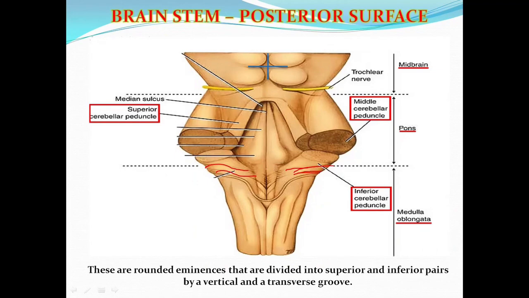Here, as usual, we have the posterior median sulcus. Here we have a nucleus and a triangle called the hypoglossal nucleus or hypoglossal triangle. Lower down we have another triangle called the vagal triangle, where the vagal nucleus is located. Then we find the obex with the area postrema.